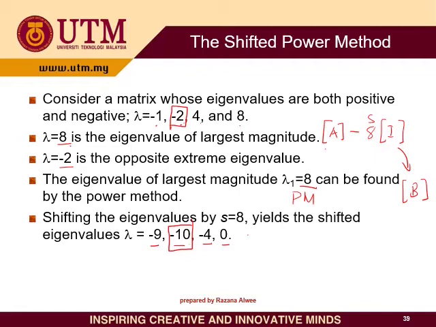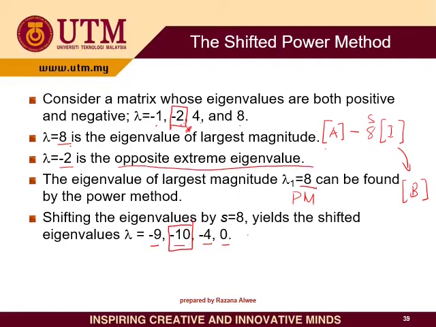So if you do the shifted power method, you will find the eigenvalue for negative 2 here. Before this, you find the smallest one if you have just one sign, either negative or positive, but if you have both, you will find the opposite extreme eigenvalue.